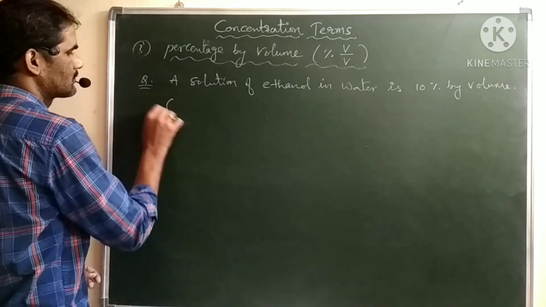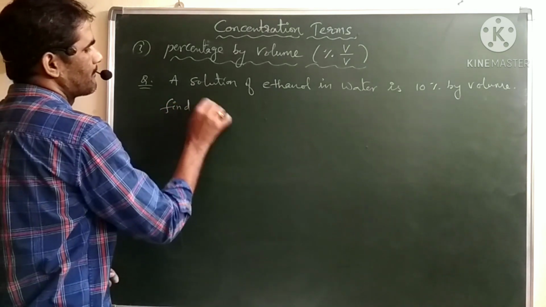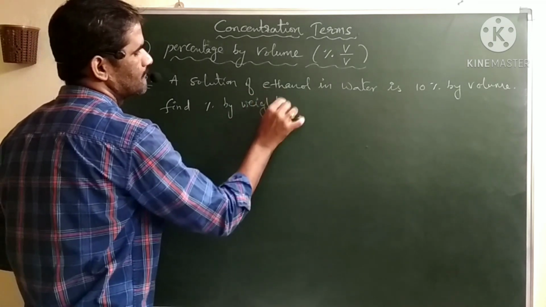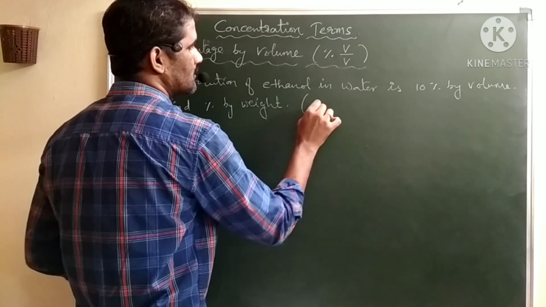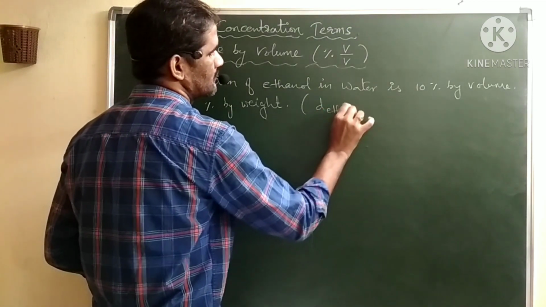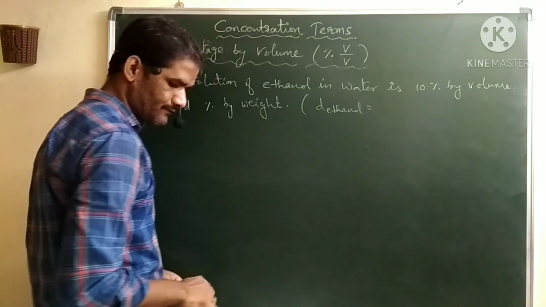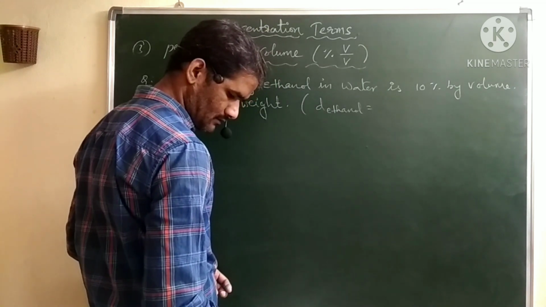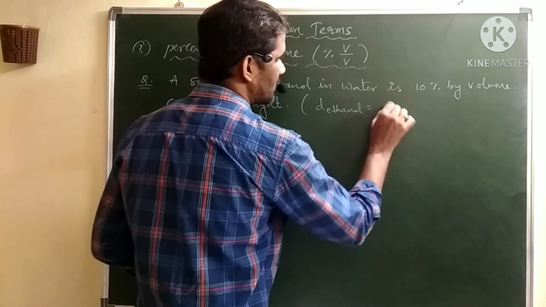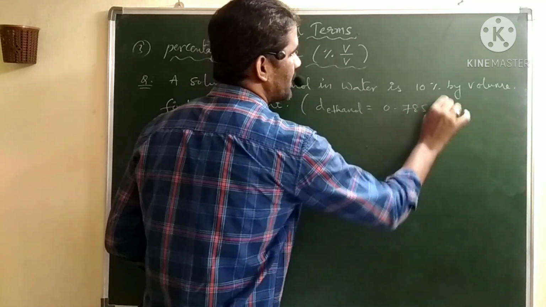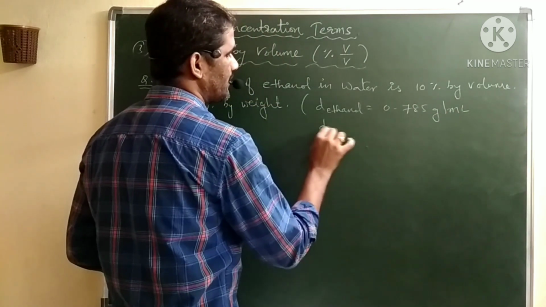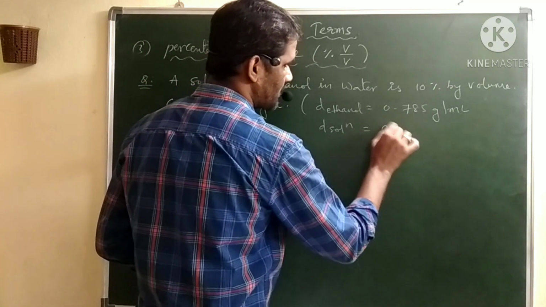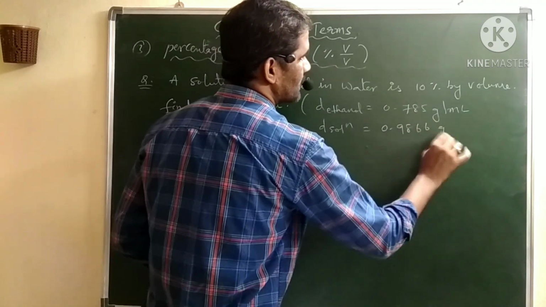Then find out percentage by weight, where the density of ethanol is 0.785 gram per ml and density of solution is 0.9866 gram per ml.